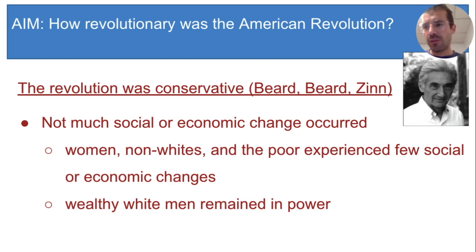Some famous historians who hold this view were Mary and Charles Beard. They studied the U.S. Constitution, which was written just 4 years after the Revolutionary War ended, and they argued that the Constitution was drafted by wealthy white men, many of them lawyers, for the purpose of hanging on to their power and wealth. This man here, Howard Zinn, was another historian who believed that the revolution was quite limited in scope.